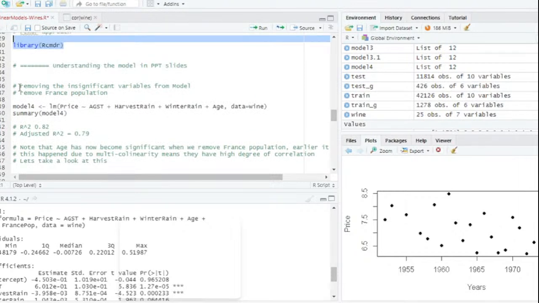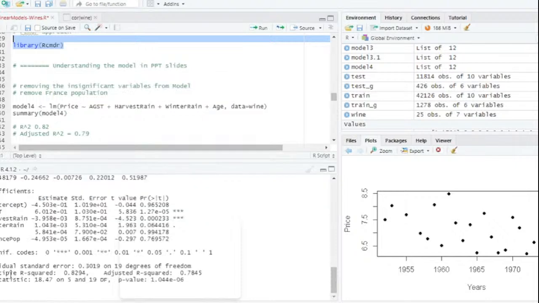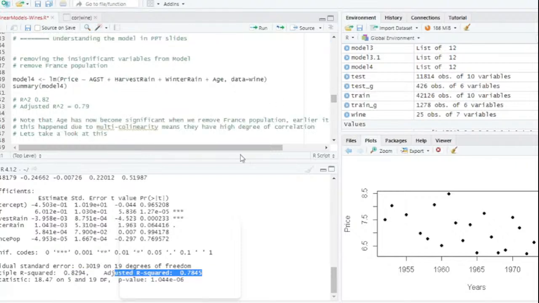Okay. So now, since I have included all the variables, and I have seen my R square is 82.94, means 0.8294. Adjusted R square is 78.45. But as I said, I can see age and France population.